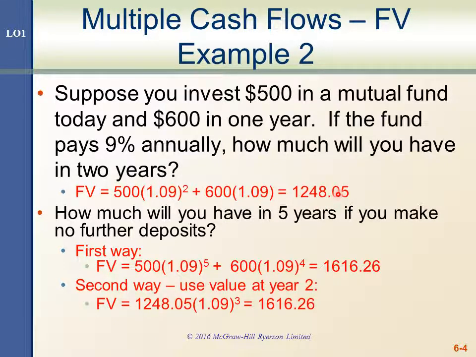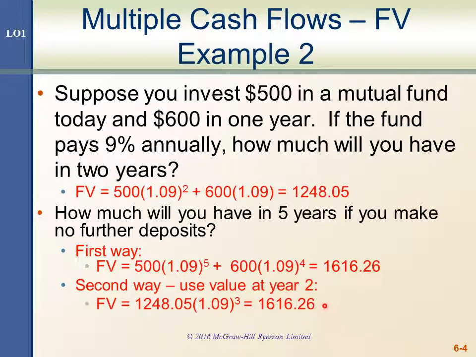The second way is we could take advantage of the calculation of what the value at time 2 is. So we know that these 2 payments of $500 and $600 at time equals 2 are worth $1,248.05. Well, if I leave that money deposited in my account and allow it to compound for 3 more years, to time equals 5, at an interest rate of 9%, I multiply $1,248.05 by 1.09 to the power of 3.